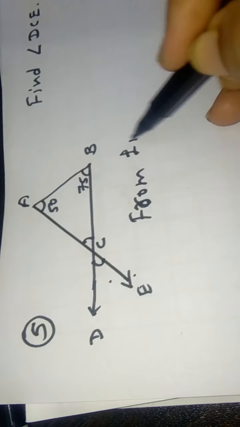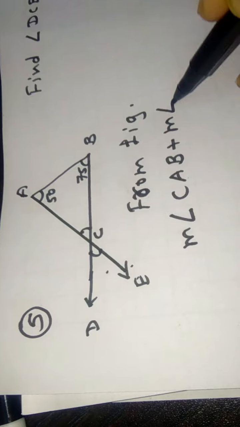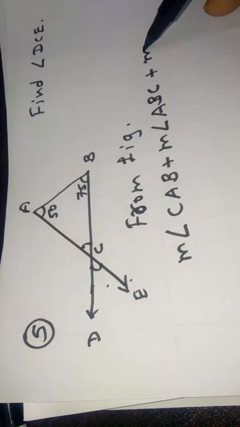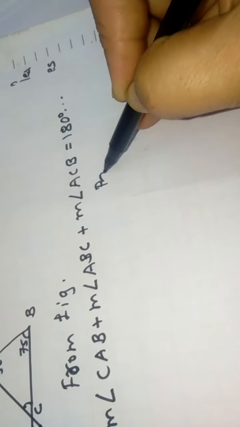From the figure, measure of angle CAB plus measure of angle ABC plus measure of angle ACB is equal to 180 degree, which is the property of triangles.